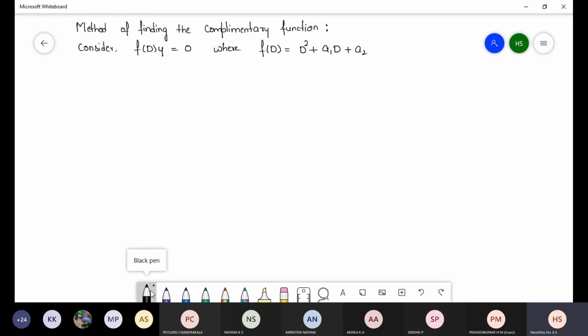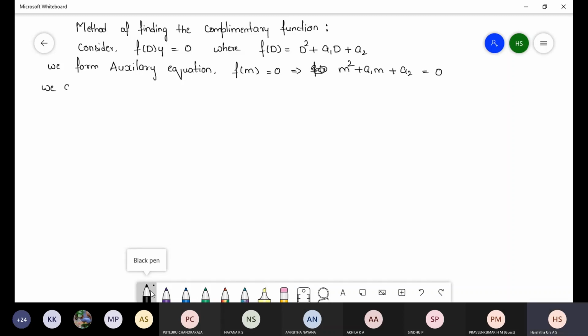After writing this, the next step is to form an auxiliary equation. How do we write that auxiliary equation? f of m is equal to 0. That means wherever D is there, we write m. So m square plus a1 m plus a2 is equal to 0.